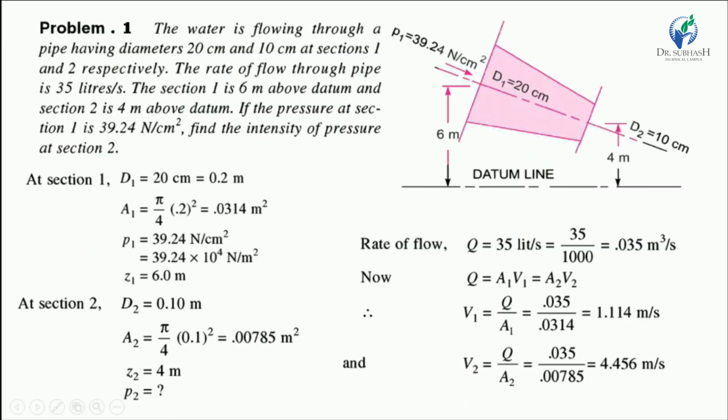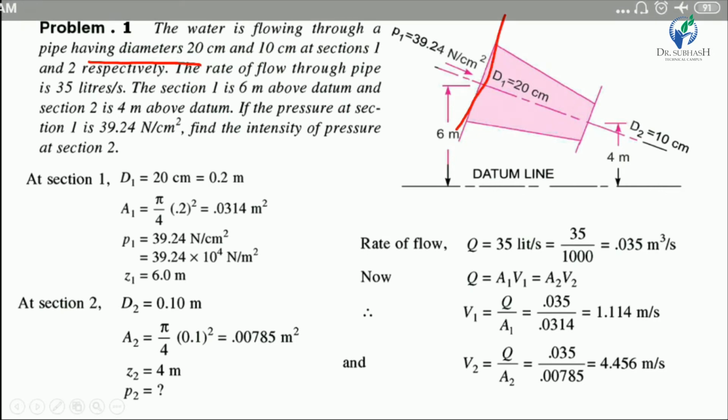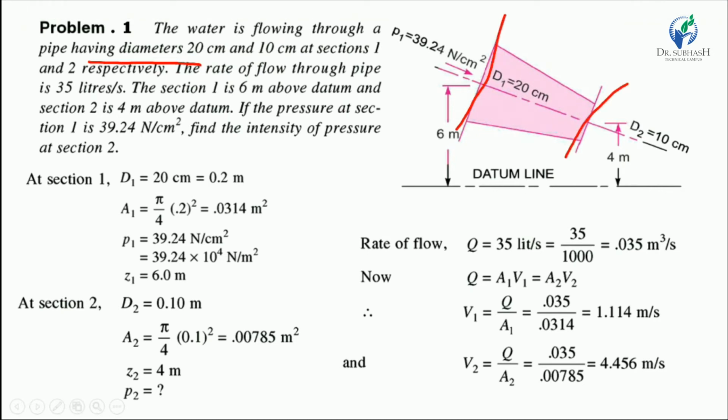Okay, now let's solve some problems of Bernoulli's principle. So the first problem, the data is given: water is flowing through a pipe having diameters of 20 centimeter and 10 centimeter at section 1 and section 2 respectively.